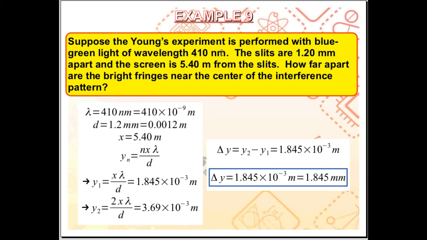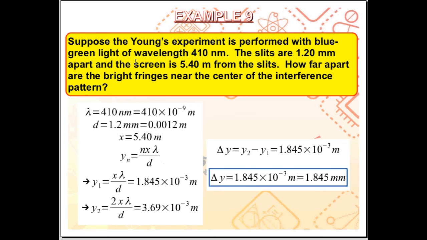So the wavelength lambda is given, 410 nanometers. The slit-to-slit distance is given at 1.20 millimeters. And the slit-to-screen distance is given by x, 5.40 meters. For the locations of the bright fringes for the two slit interference, you have y_n equal to n x lambda over d.